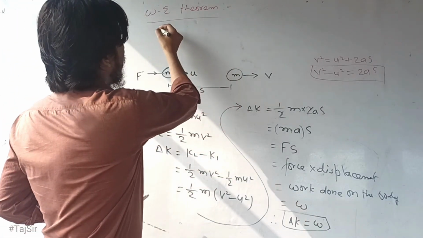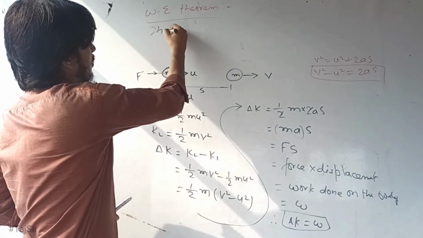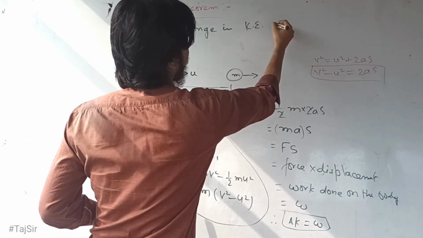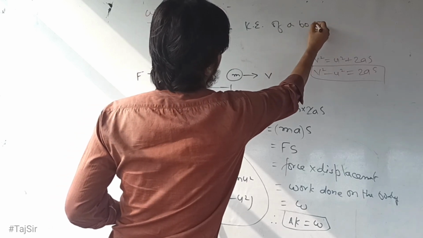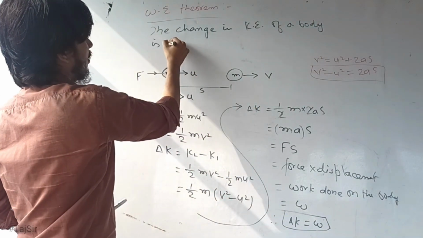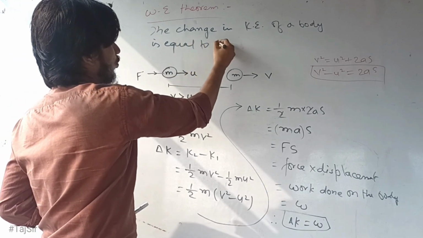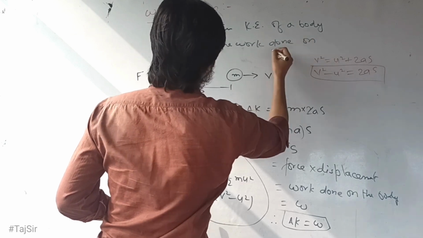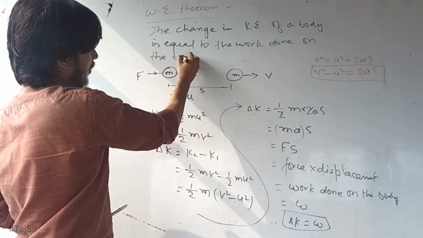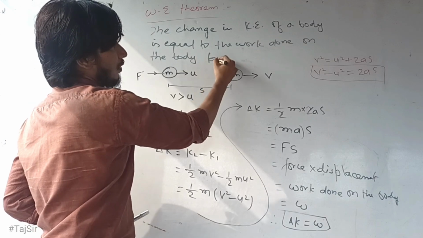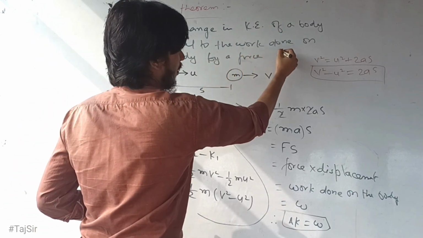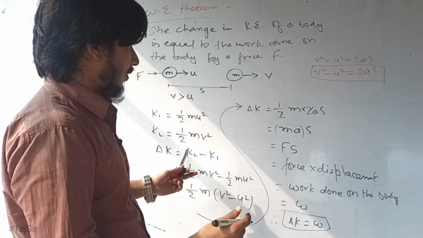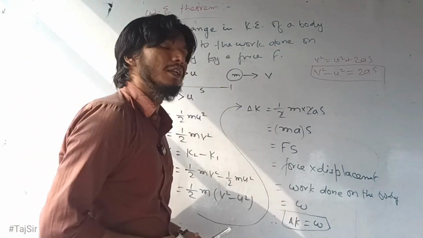That is, the change in kinetic energy of a body is equal to the work done on the body by a force F. So, this is the work energy theorem.